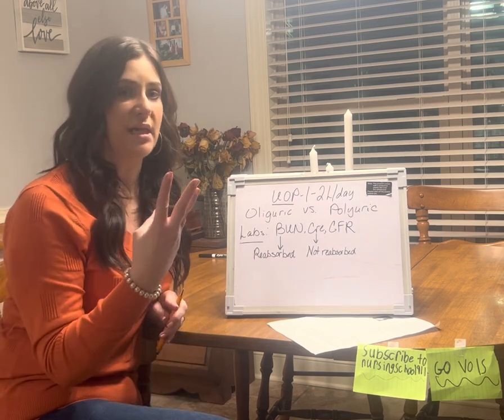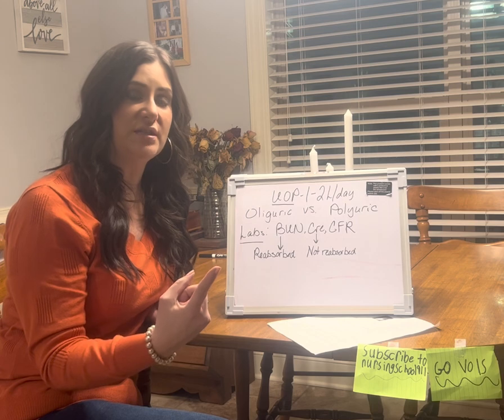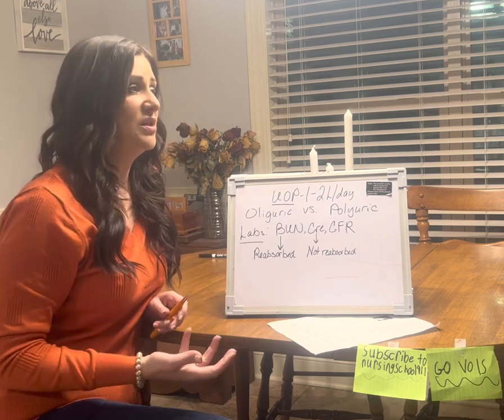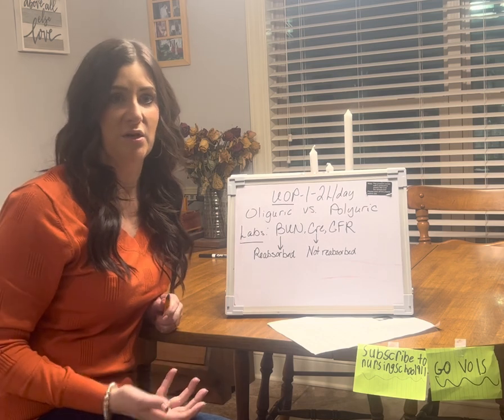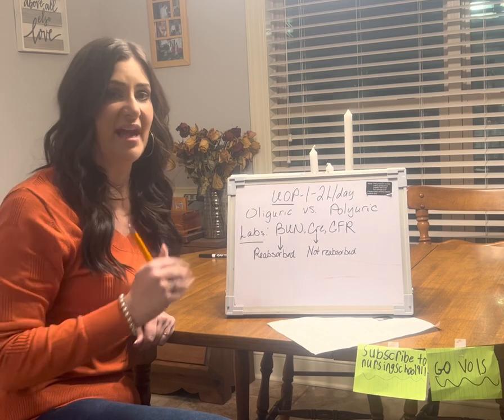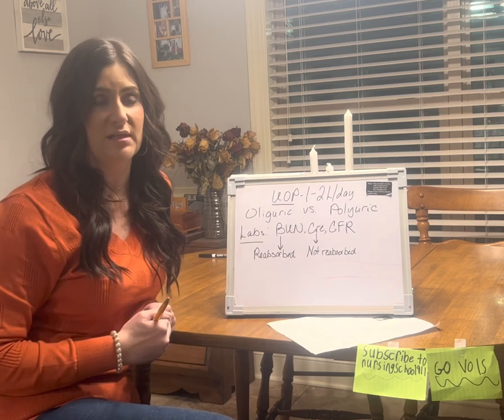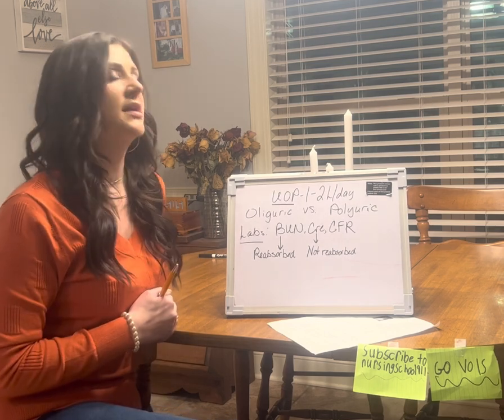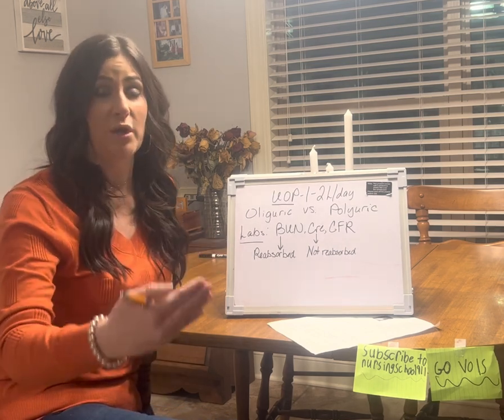There are 3 stages. The initiation stage, which is honestly not really worth mentioning because there's not going to be any signs and symptoms there. Next is the oliguric phase. This is where you're going to see the vast majority of the clinical manifestations associated with AKI. All right, so oliguric means low urine output.